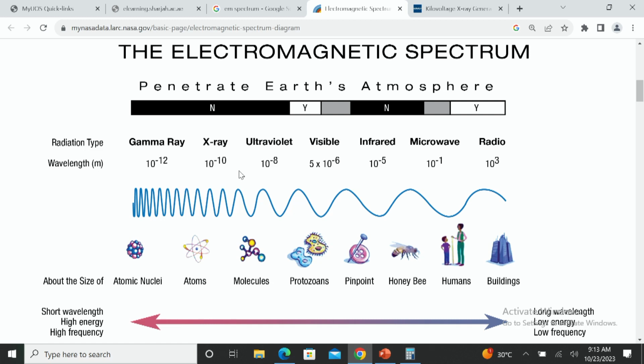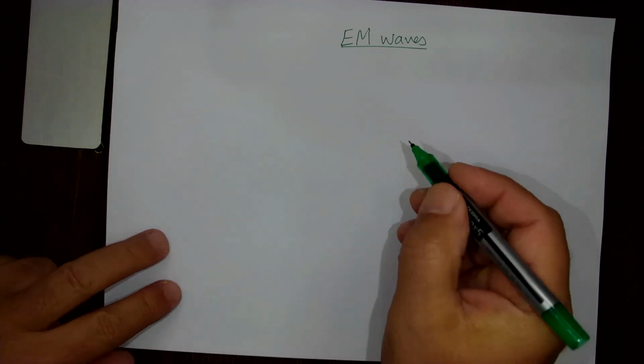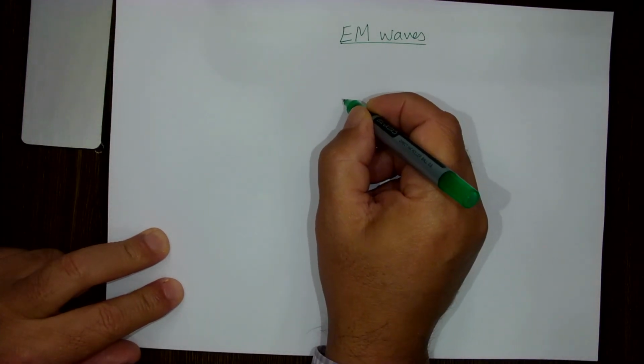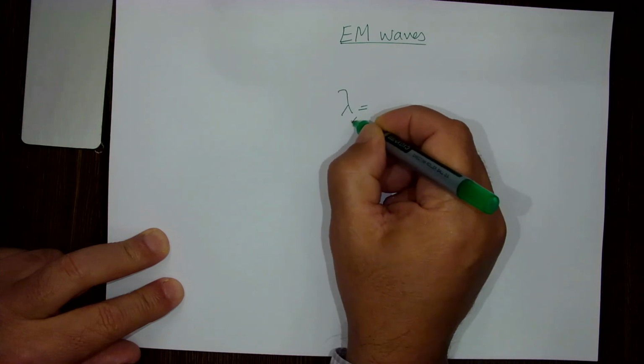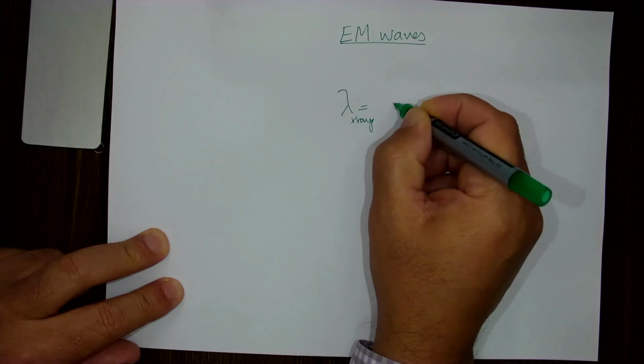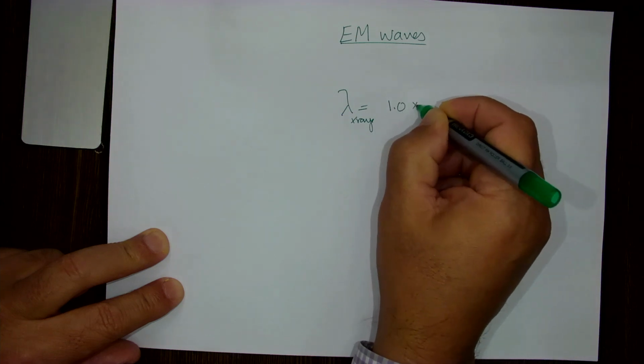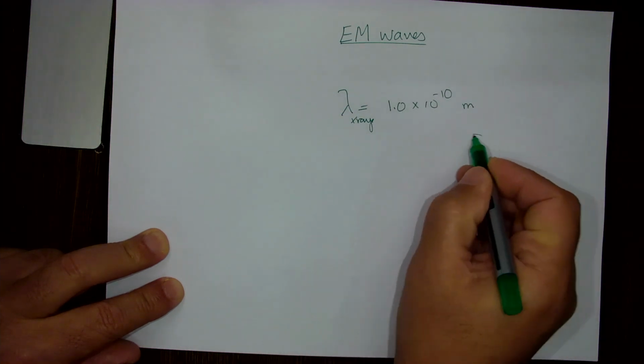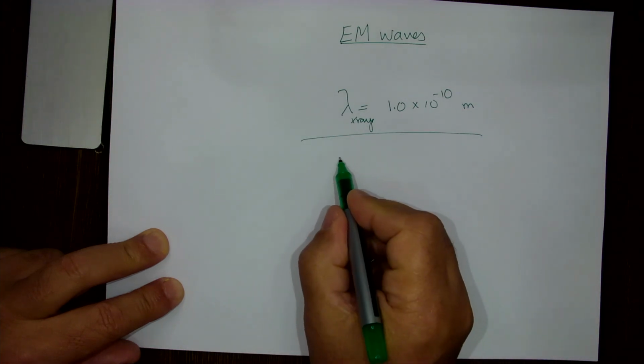So if I go back here to the overhead cam scanner, it says that lambda for X-rays is equal to 1 times 10 to the power of minus 10 meters. Then I will ask you, for example, to calculate the energy.